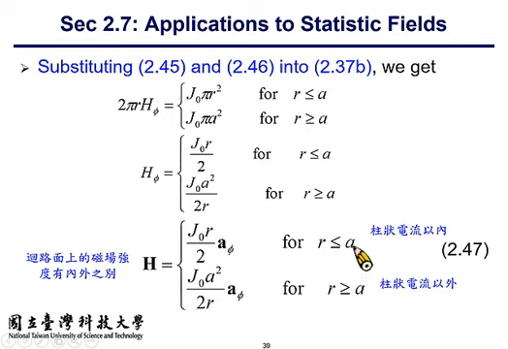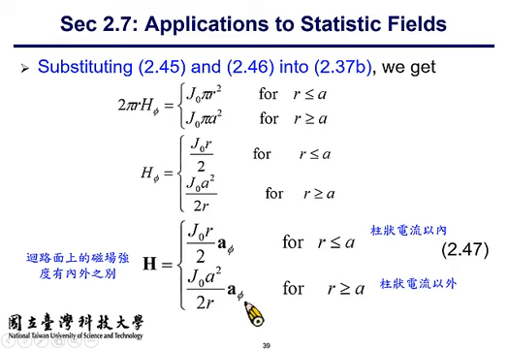The consequence is, if R is smaller than A, you have magnetic field intensity linearly proportional to the distance R. On the other hand, if R is greater than A, then the magnetic field becomes smaller and smaller as the observation point R becomes larger and larger.